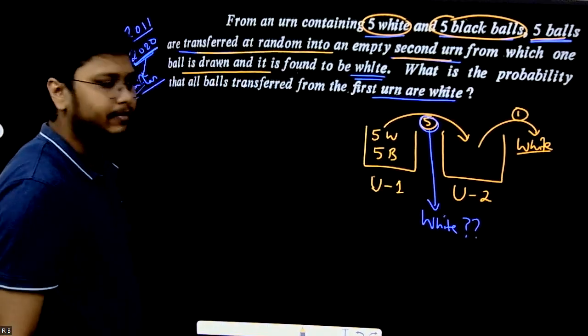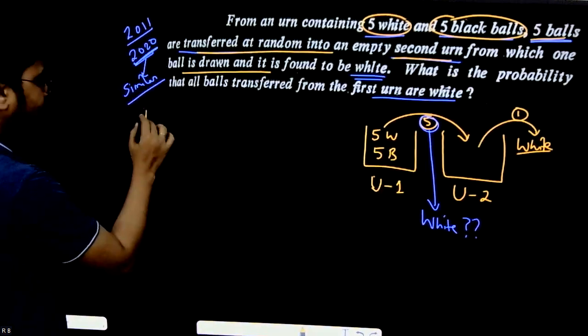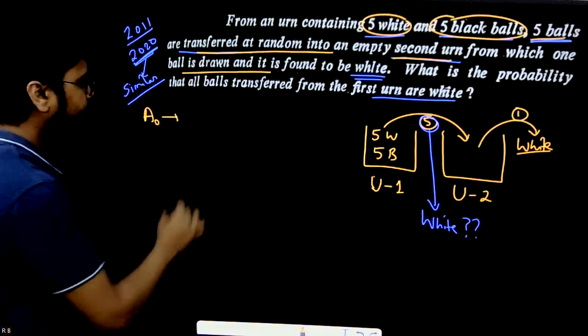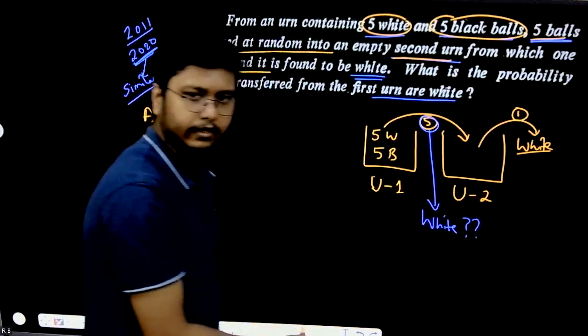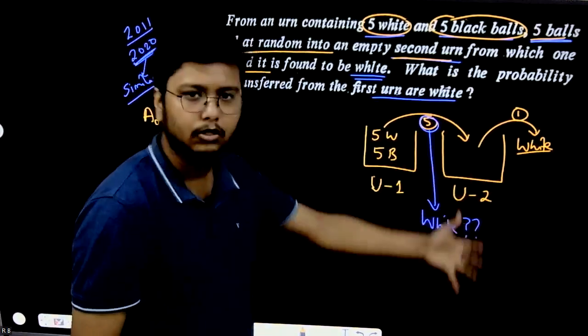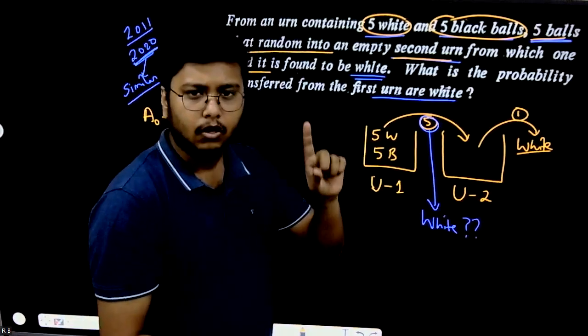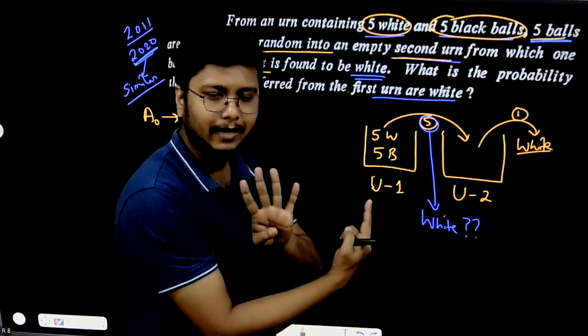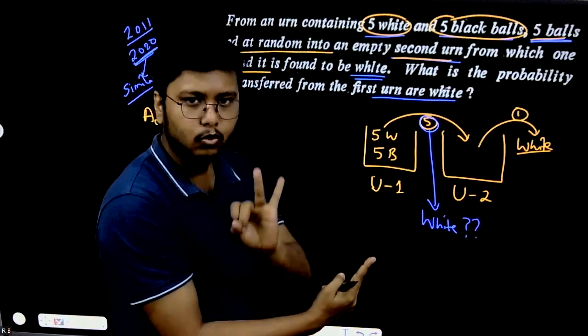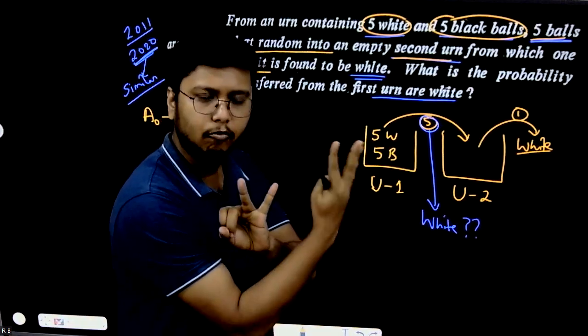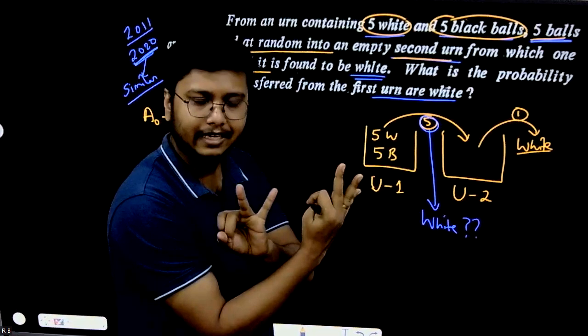So let us name the events. Let's say A0 is the event where all the balls transferred from the first urn to the second urn are white. What are the different possibilities? All the balls transferred are white, or 4 are white and 1 is black, or 3 are white and 2 are black, and so on.